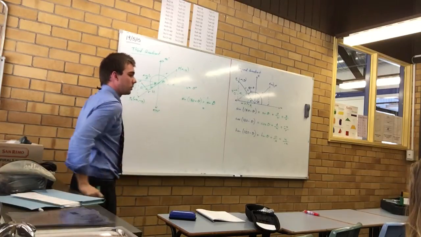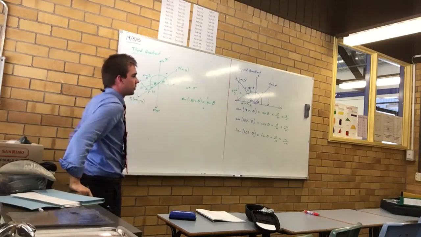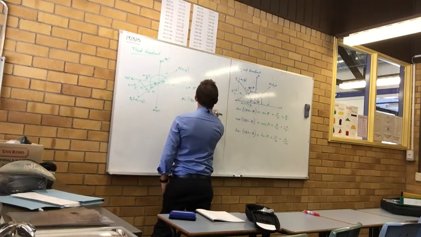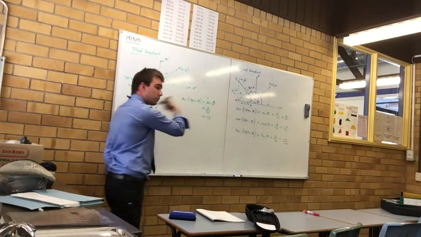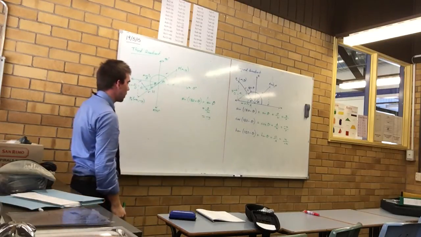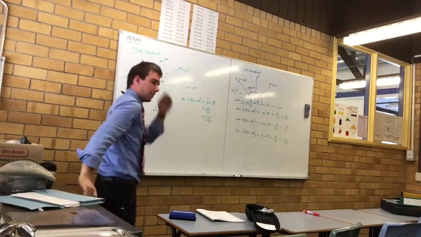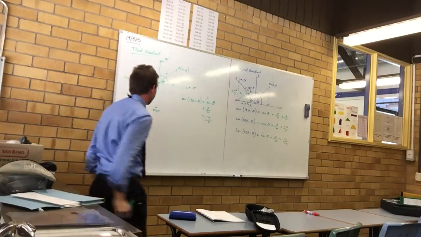That's distance, not displacement. Because the displacement is in the negative direction, opposite over hypotenuse is going to be negative y over positive r. The radius of the circle stays constant positive.